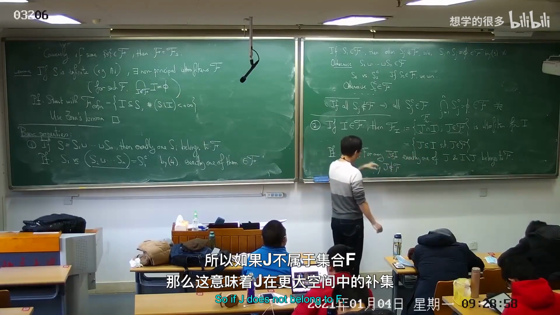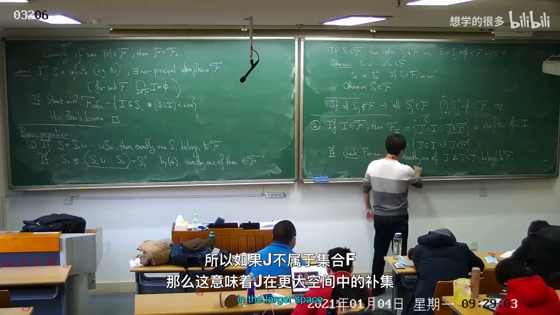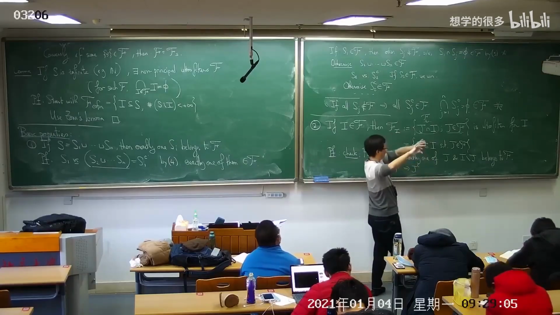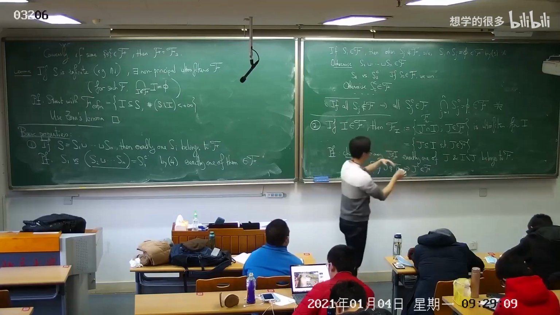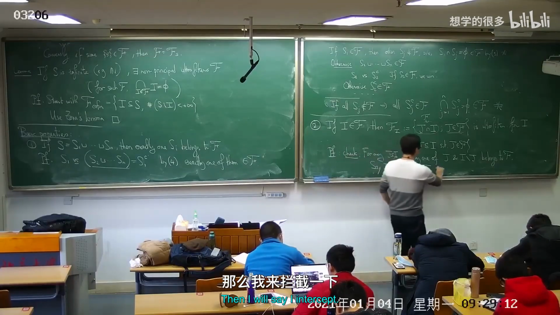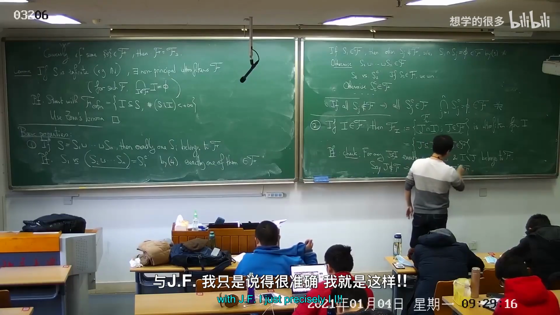So if J does not belong to F, then J complement in the larger space belongs to F. Then I intersect with J complement belongs to F. And this is precisely I minus J.